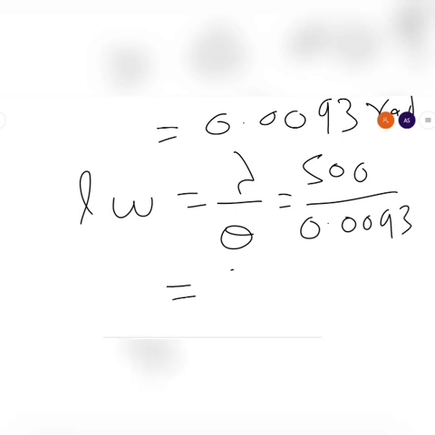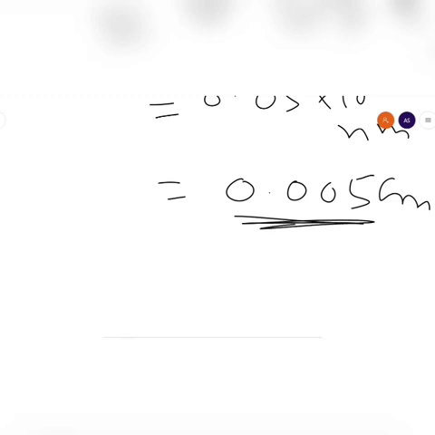Then you will get the result 0.05 into 10 to the power 6 nanometer. It means that finally you will get 0.005 centimeter. So if the holes are separated by a distance which is smaller compared to this value, the interference fringes of good contrast should be observed.